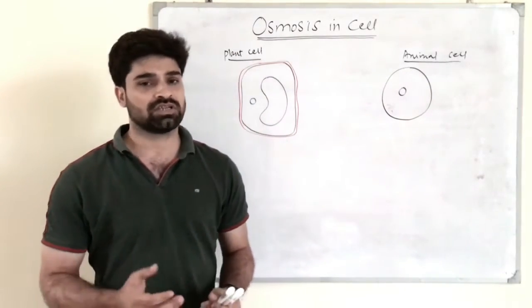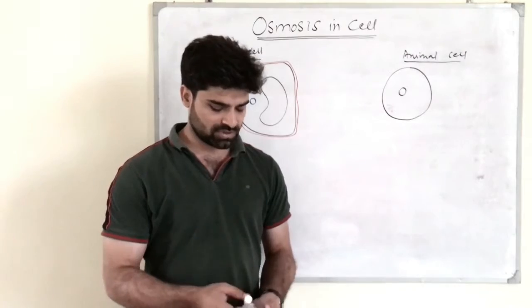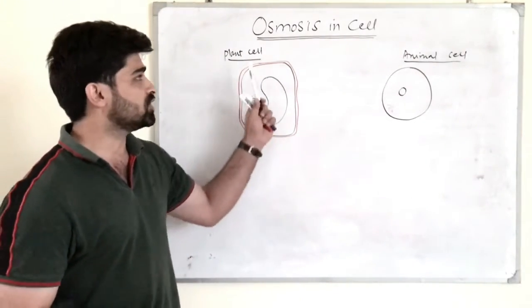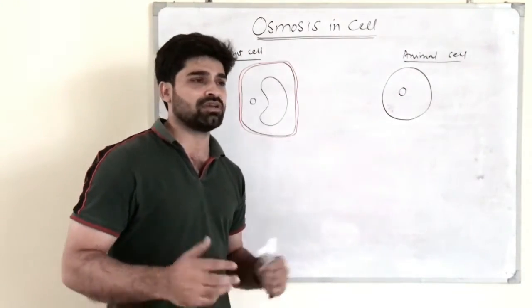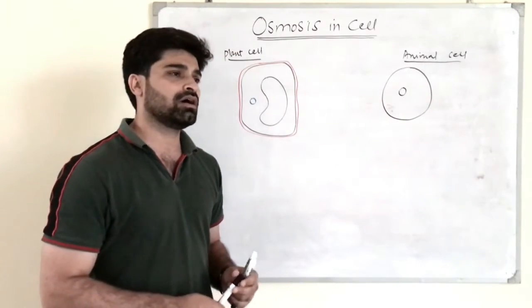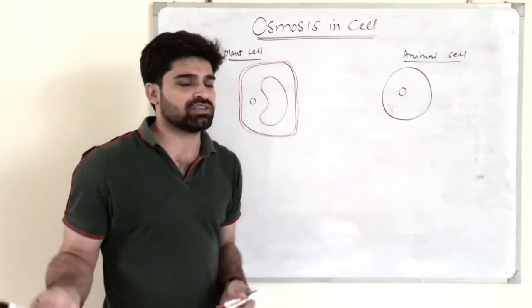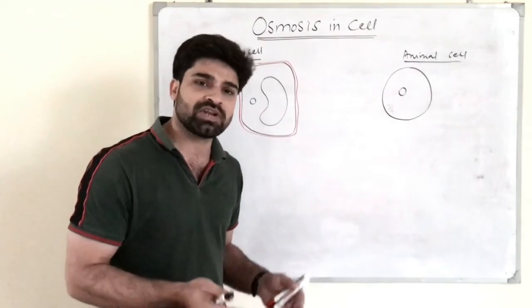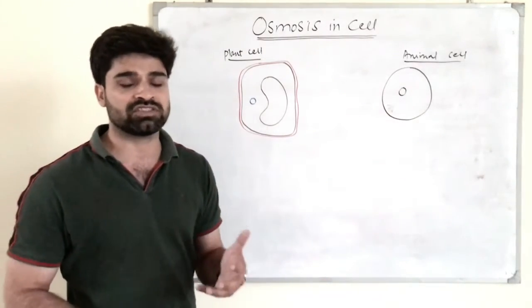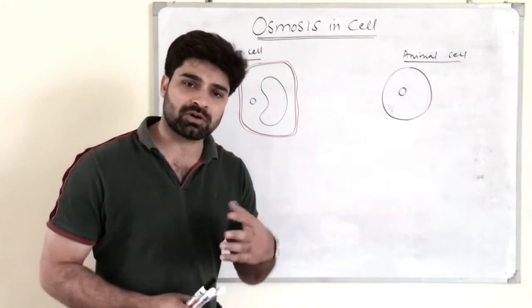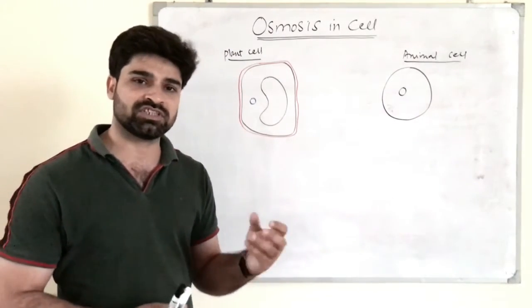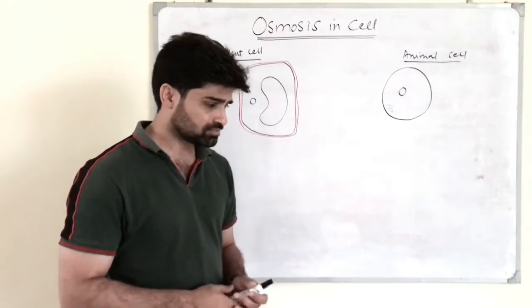Dear students, you are well aware of the definition of osmosis now. Osmosis can be demonstrated with the help of visking tubing. And we have discussed in the previous lesson that visking tubing is a membrane that allows the water molecules to pass through the tiny holes which are present in it.